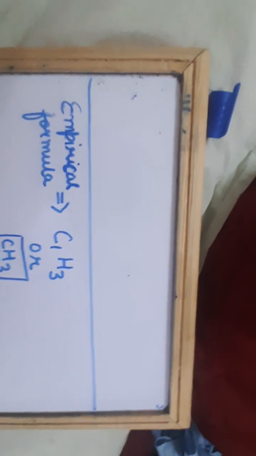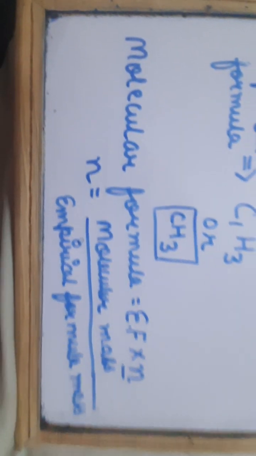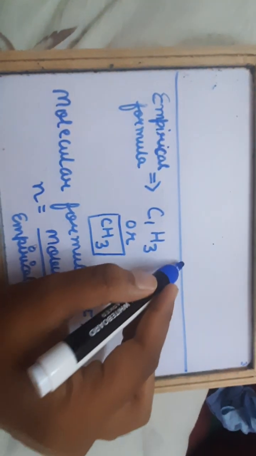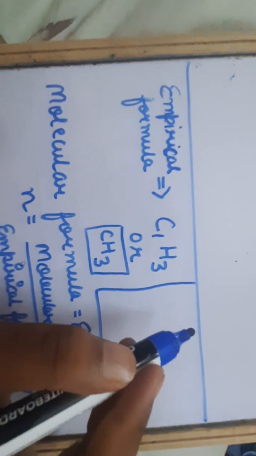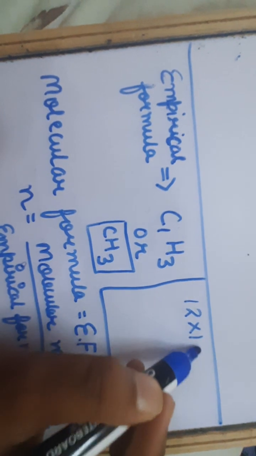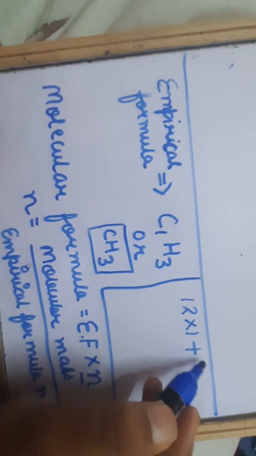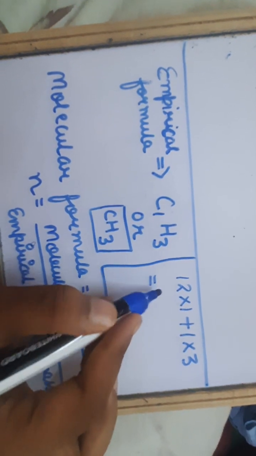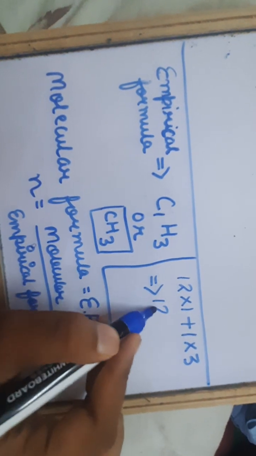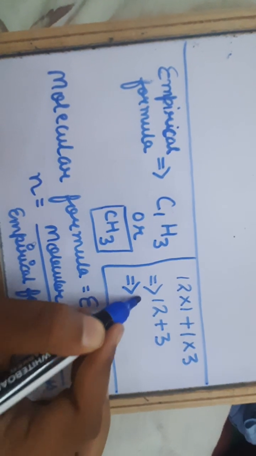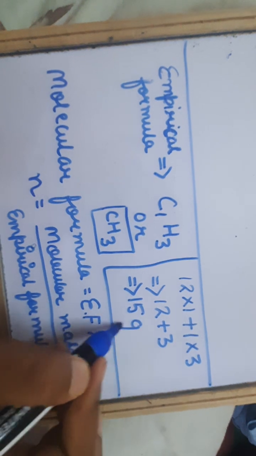The next step is to find n, and we know that n equals molecular mass upon empirical formula mass. Let's find the empirical formula mass. CH3: C means 12, number of atoms 1, plus H means 1 into number of atoms 3. It equals 12 plus 3, that is 15 grams.